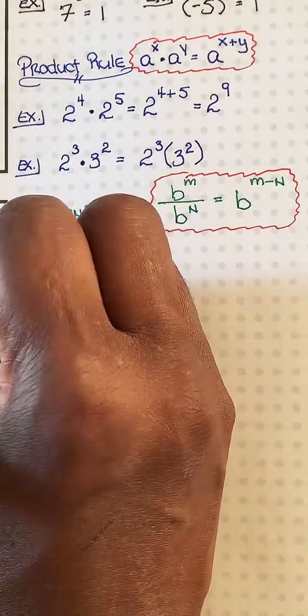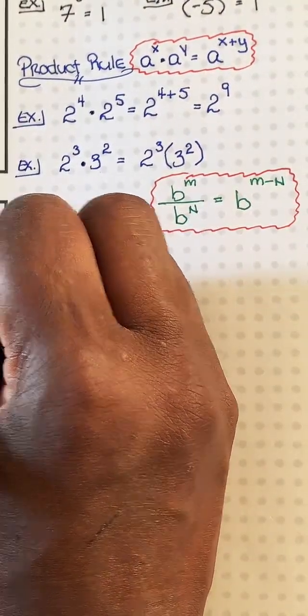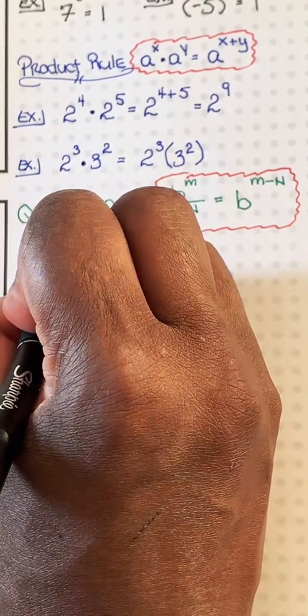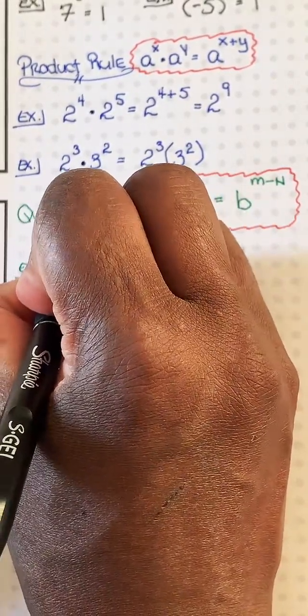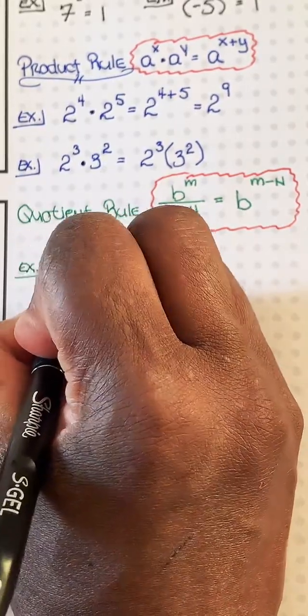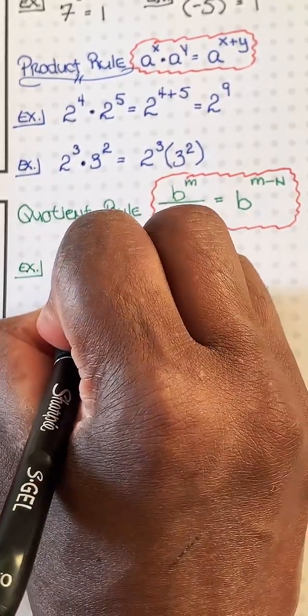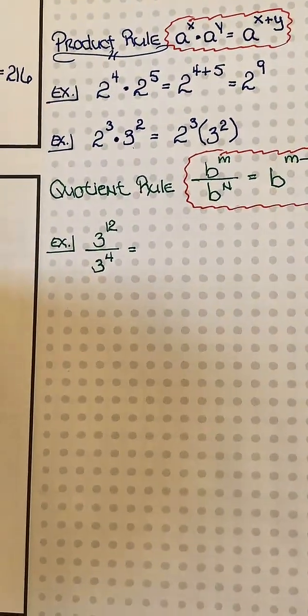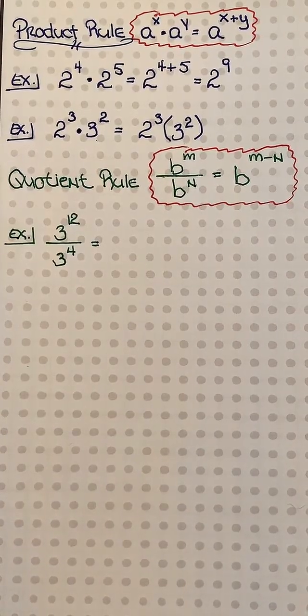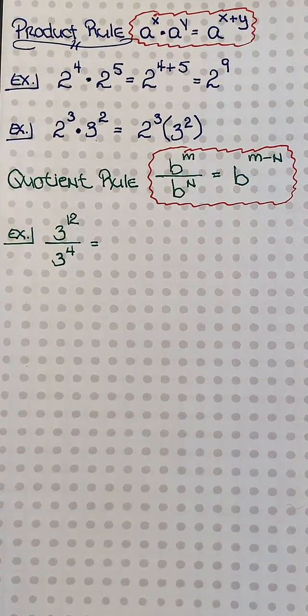So let's say 3 to the 12th over 3 to the 4th. Okay. So 3 to the 12th divided by 3 to the 4th. Okay. We're just simplifying. The reason why we're not solving, because there's no equal sign.